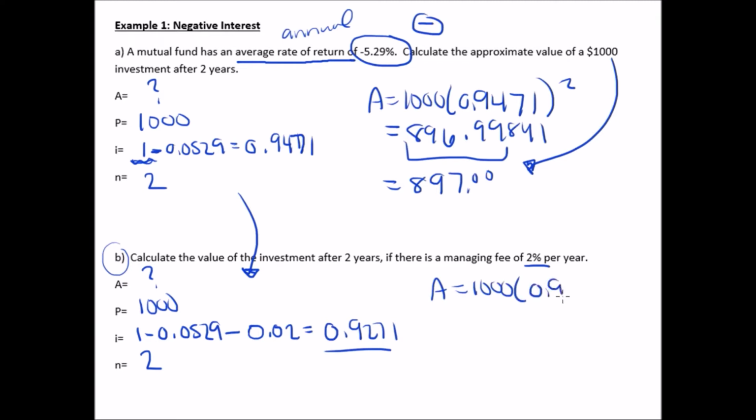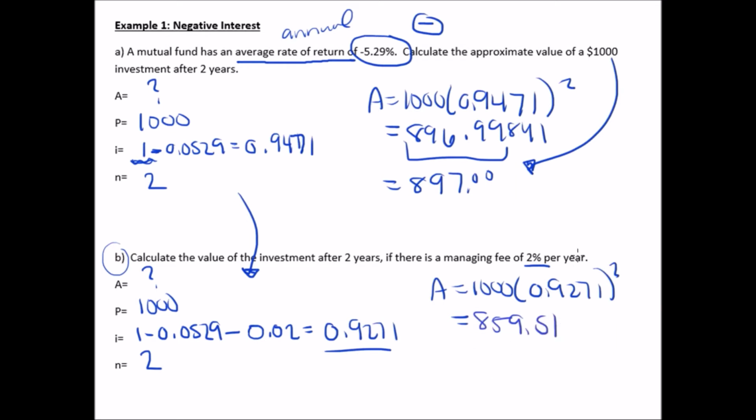1,000 times 0.9271 squared. So I get 859.51.